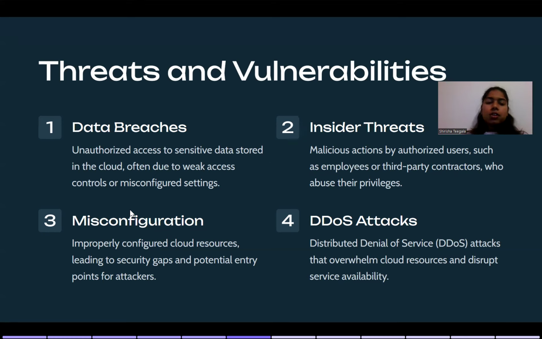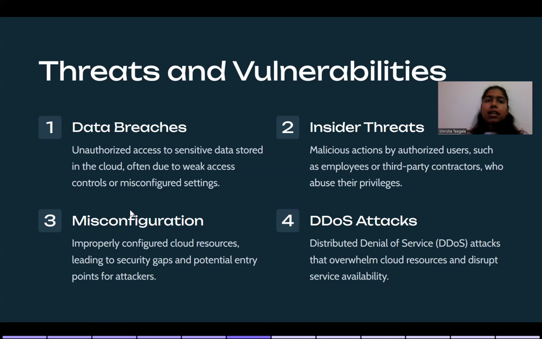Third one, misconfiguration: improperly configured cloud resources leading to security gaps and potential entry points for attackers. Distributed denial of service: attacks that overwhelm cloud resources and disrupt service availability.